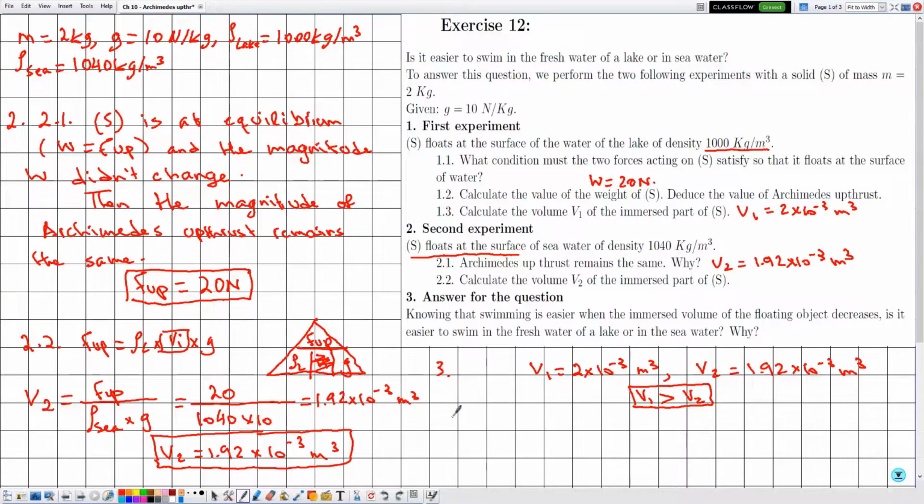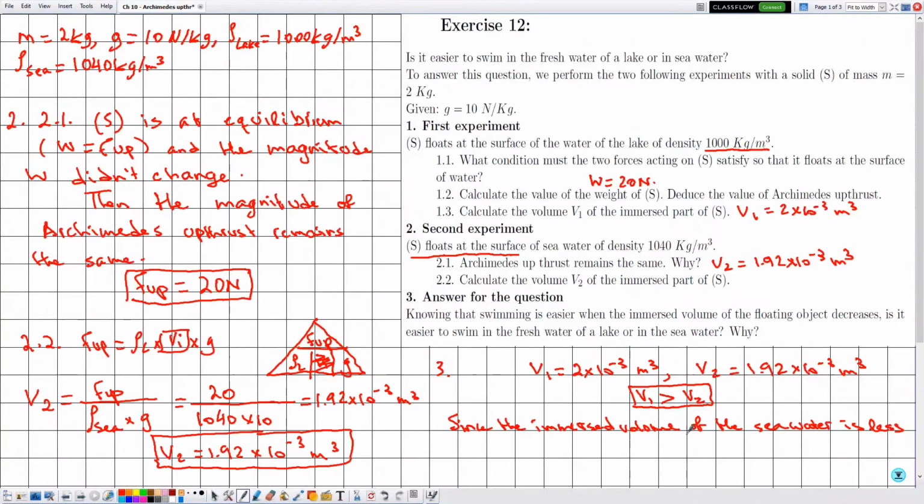Then let's say since the immersed volume of the seawater is less than, so here the immersed volume of what?